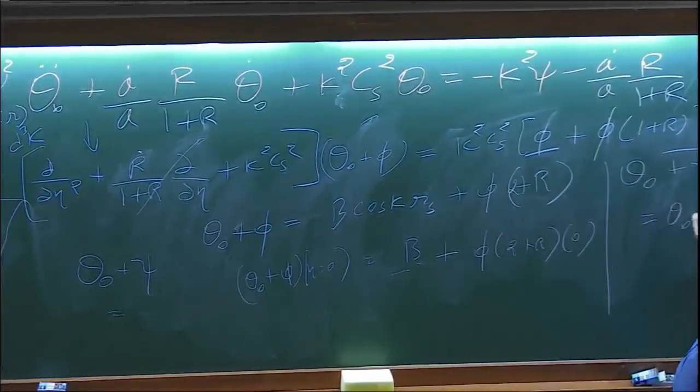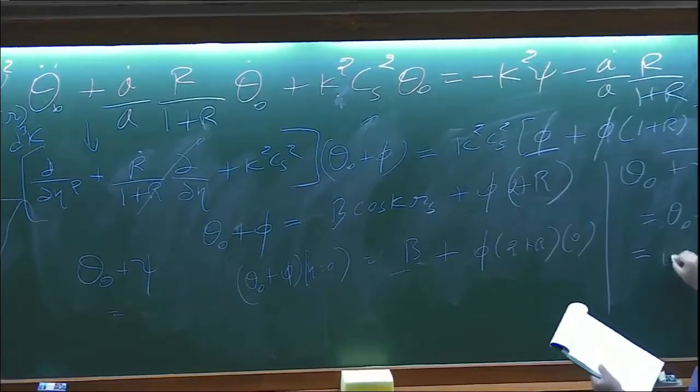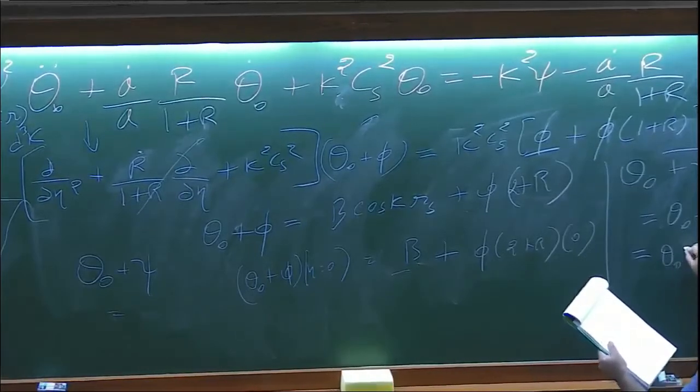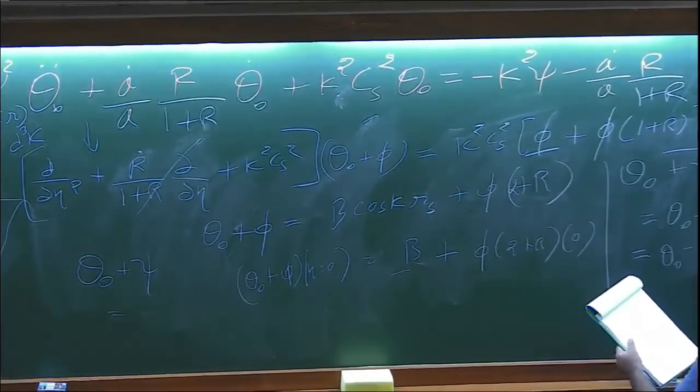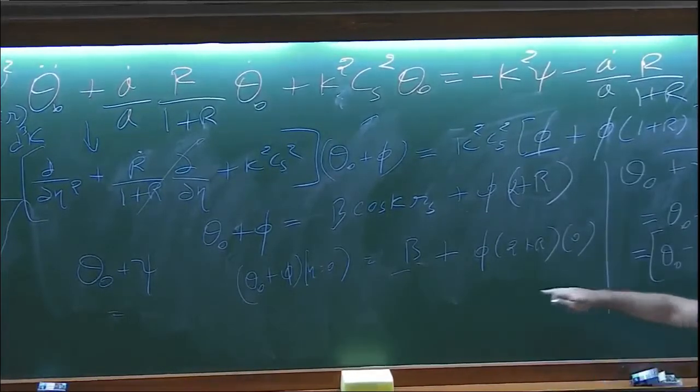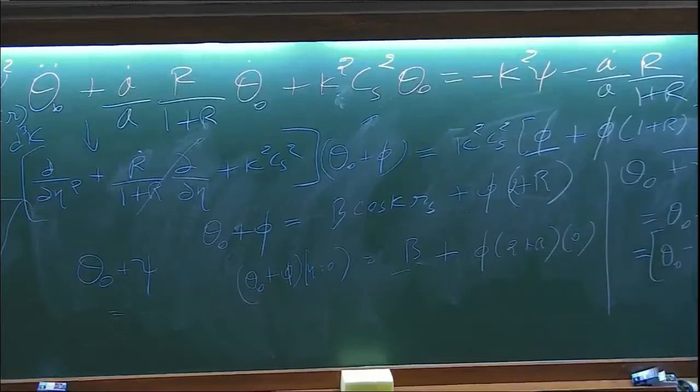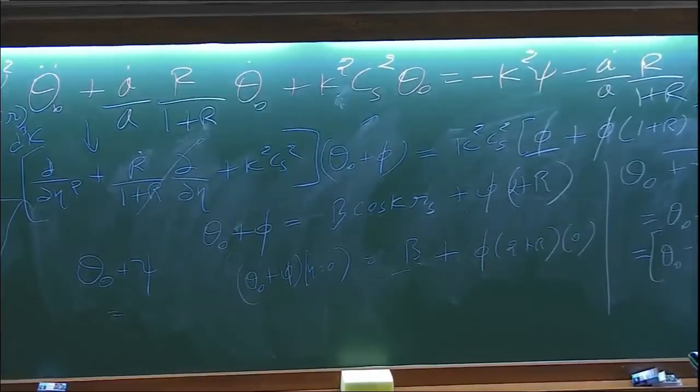So it is theta 0 plus phi minus 2 phi, which gives you theta 0 minus phi times 1 plus r at time t equal to 0. That is what you get from solving this. We have some oscillations with some amplitude, which is different because of the presence of baryons.